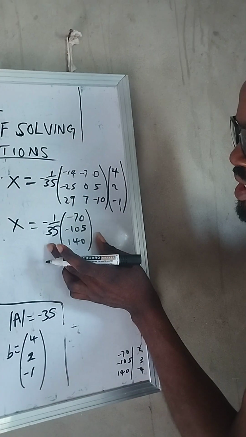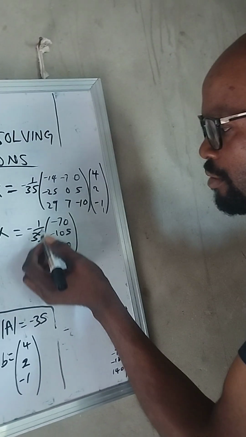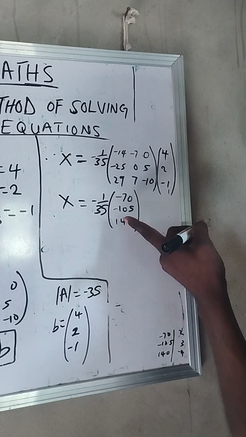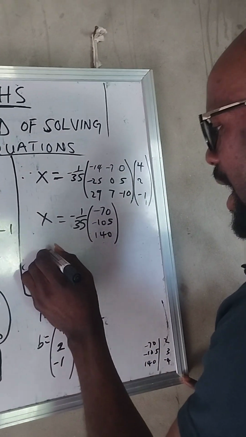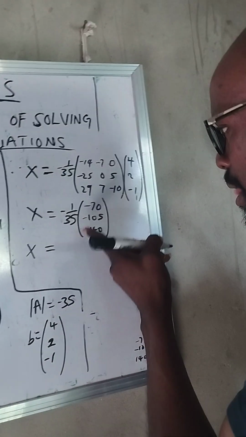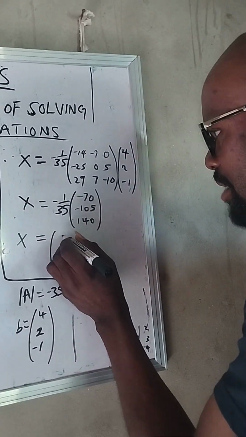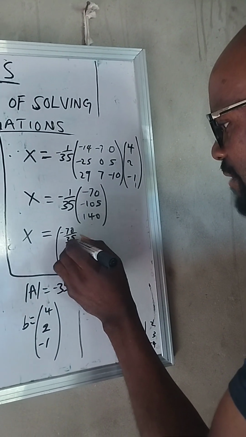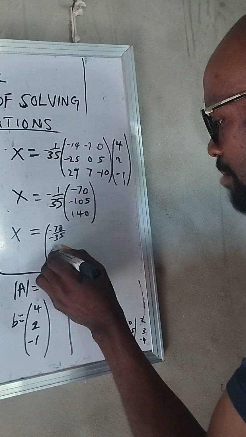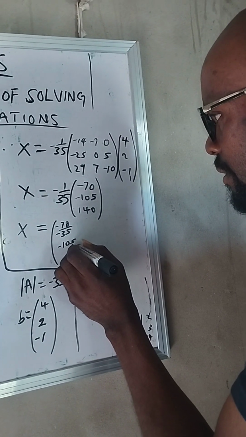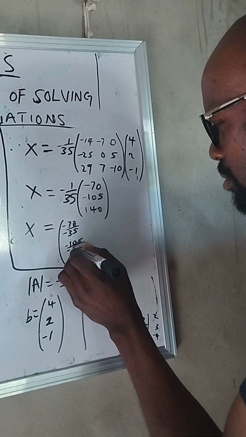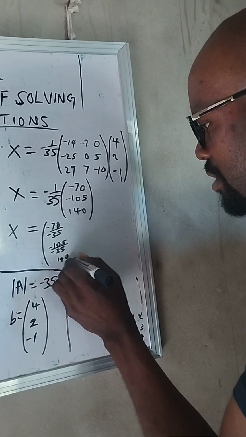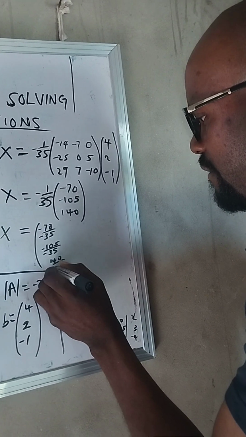So this has become a scalar matrix. Now minus 1 over 35 will multiply minus 70, minus 105, and 140. You're going to have x equal to minus 70 over minus 35, minus 105 over minus 35, and 140 over minus 35.